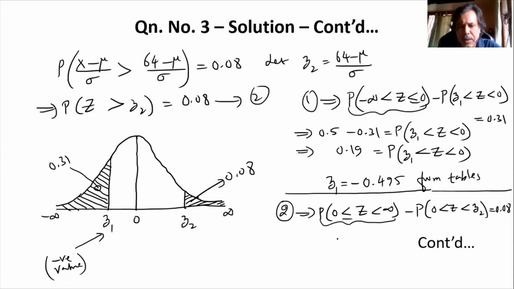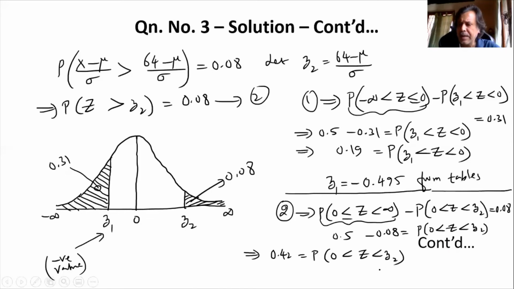We know again this one is 0.5. Bring this 0.08 this side, it will become negative. Take this probability to the right side, it will become positive, less than z less than z2. Which means if I subtract 0.5 minus 0.08, it is 0.42 equal to probability of 0 less than z less than z2.